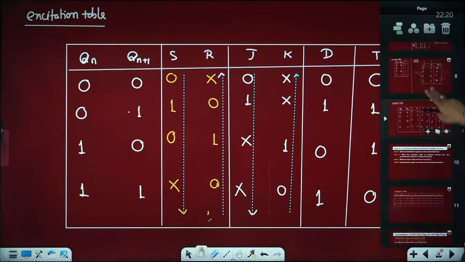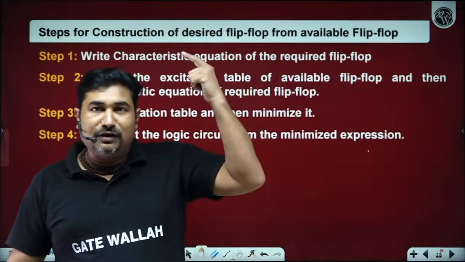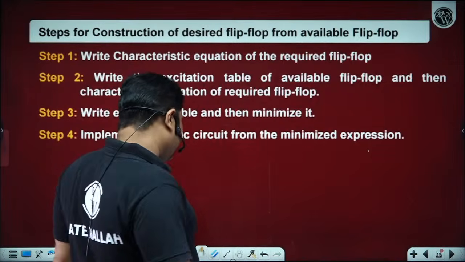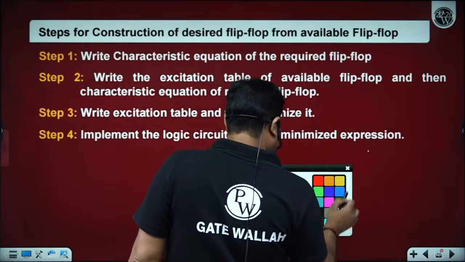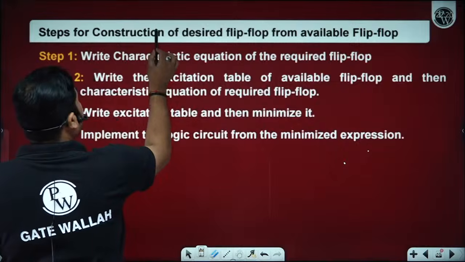Great. Now, please come to the designing of some new flip-flop. Are you ready to design or invent some new flip-flop?